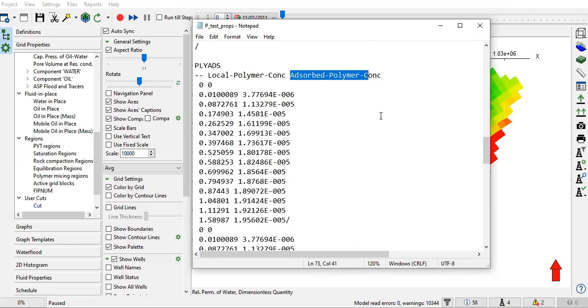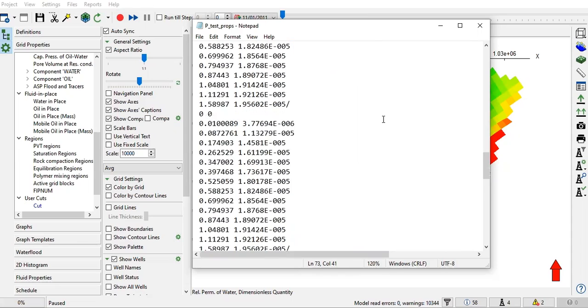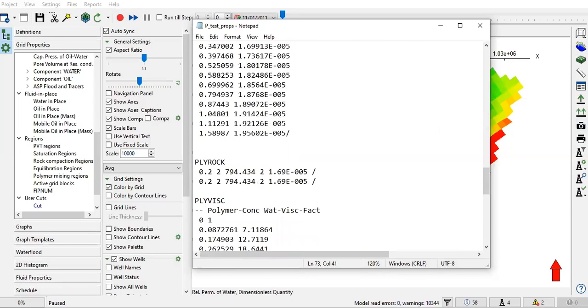Which basically when we inject alkaline, we will reduce the polymer adsorption, which will improve the performance. And then you have also there a new keyword for us, ply rock. This keyword actually specifies rock properties for polymer flood.